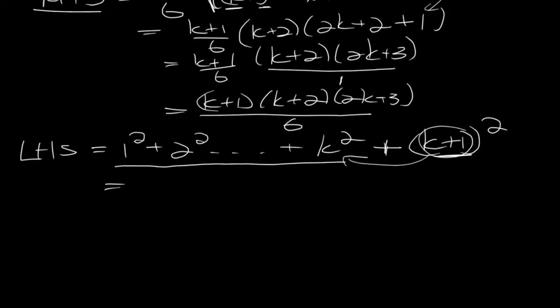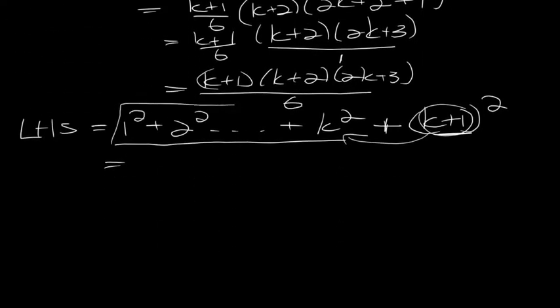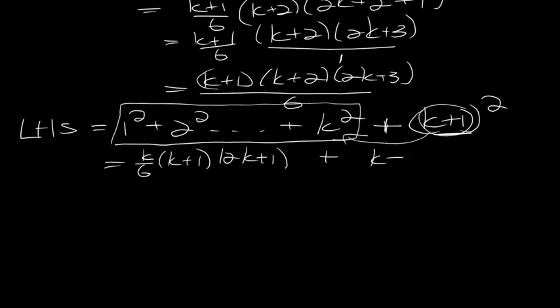So we just replace that part with step 2's statement. So that's just going to be k over 6, (k plus 1), (2k plus 1), and then you have plus (k plus 1) squared, this one there.